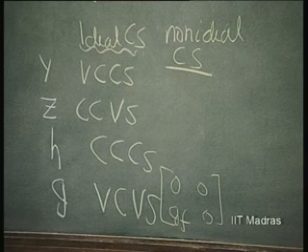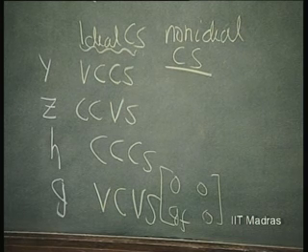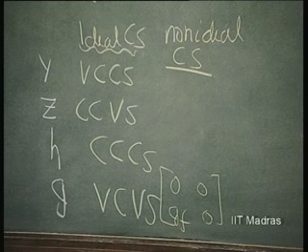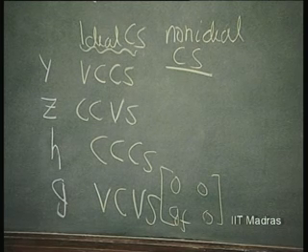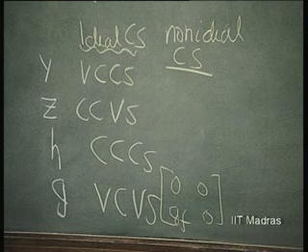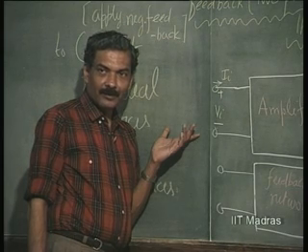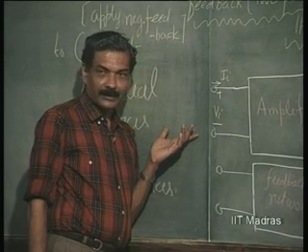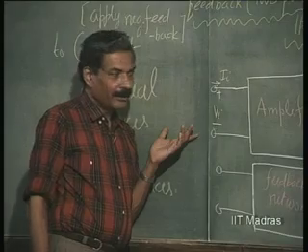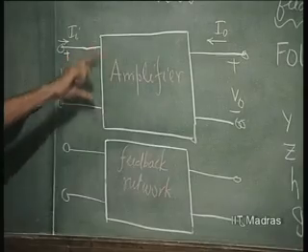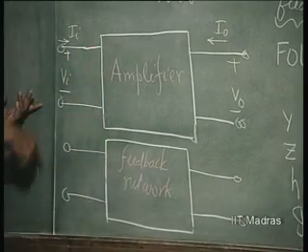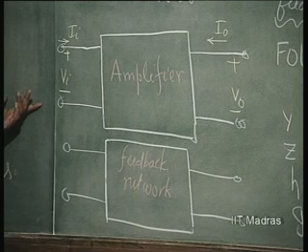H feedback, what is HI? HI is input impedance with output shorted. So, impedances add in series. So, immediately you can conclude that the amplifier network and the feedback network should come in series at the input.